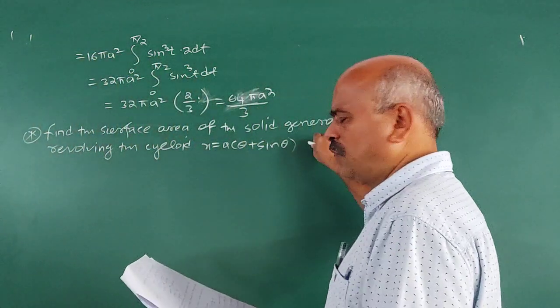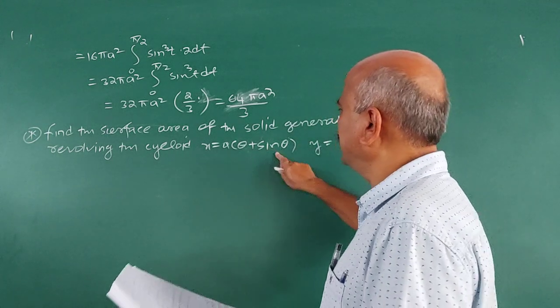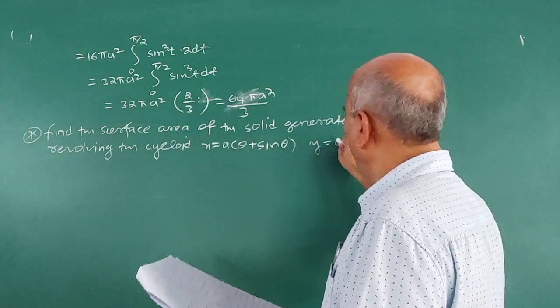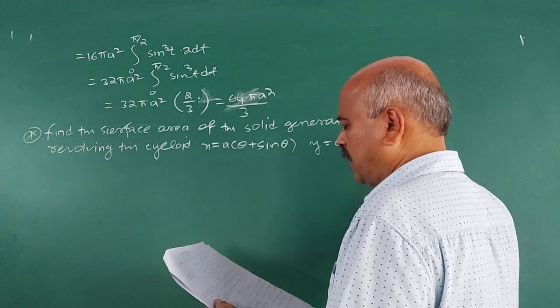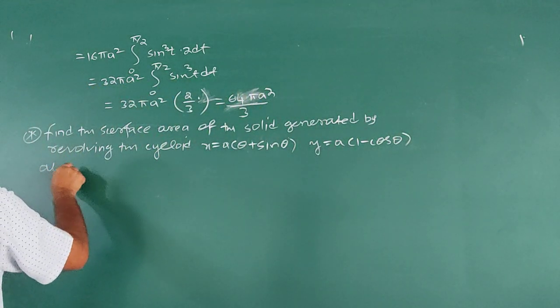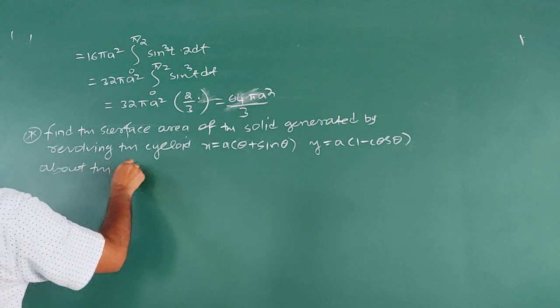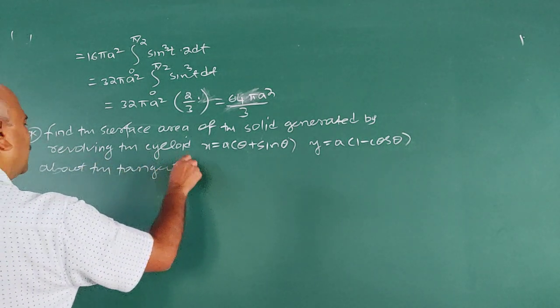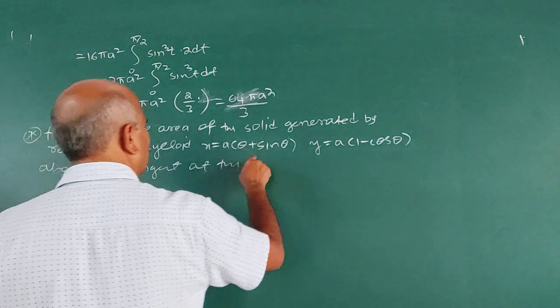You know that there are 4 different forms. It is x is a into theta plus sin theta, y is a into 1 minus cos theta, about the tangent at the vertex.